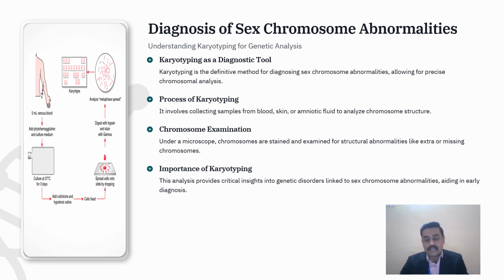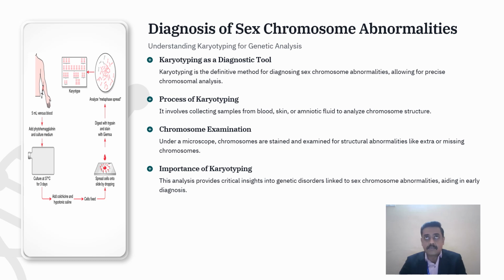The cells are then fixed after being spread onto a slide, digested with trypsin, and stained with the dye called Giemsa, a basic dye which interacts with the negatively charged phosphate groups of the DNA in the chromatin or chromosomes, resulting in a G banding pattern.